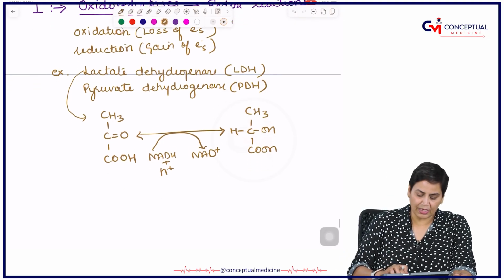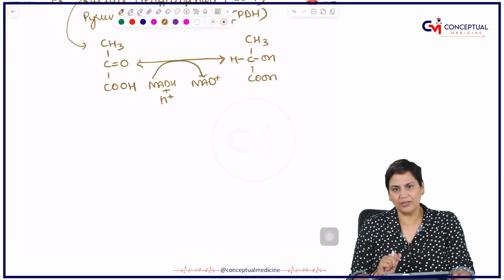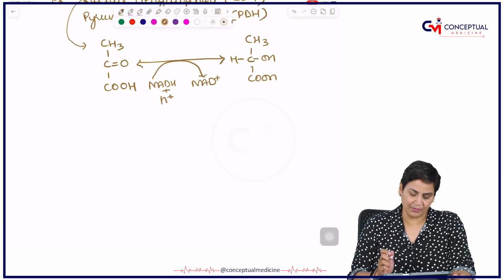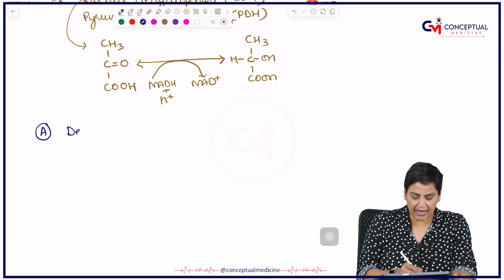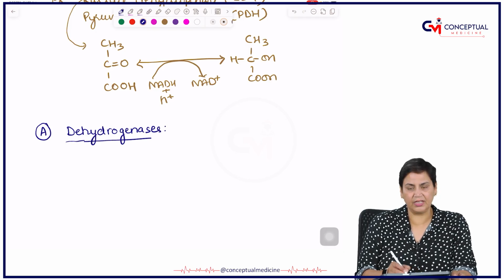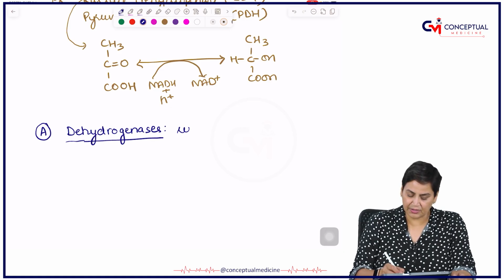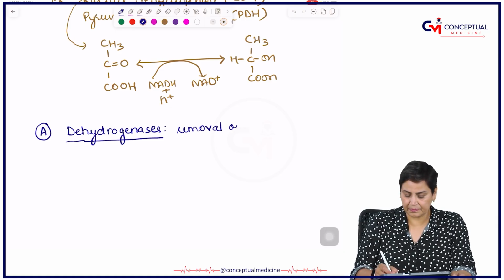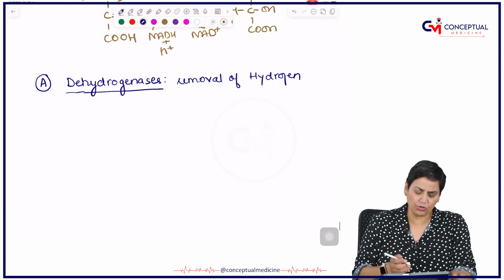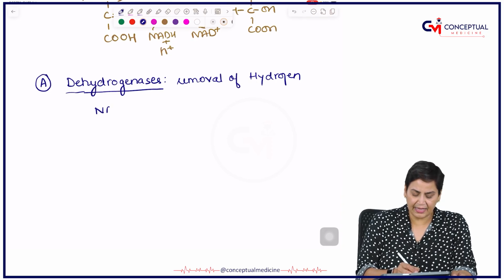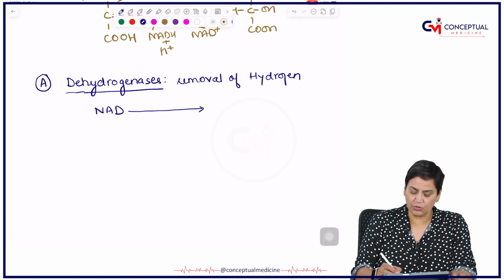Now just now I told you that oxidoreductases is a very elaborative class and it has 4 subclasses. So the first subclass of oxidoreductases is dehydrogenases. Dehydrogenases means a removal of hydrogen. And if we talk about the examples, the most common example is NAD will be converted into NADH plus H positive.